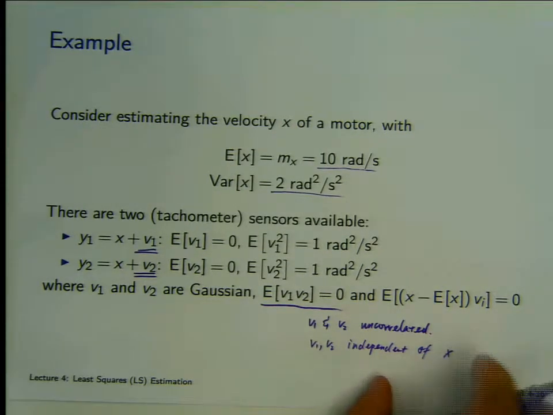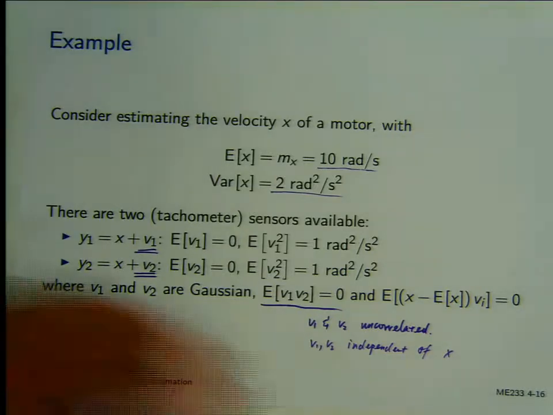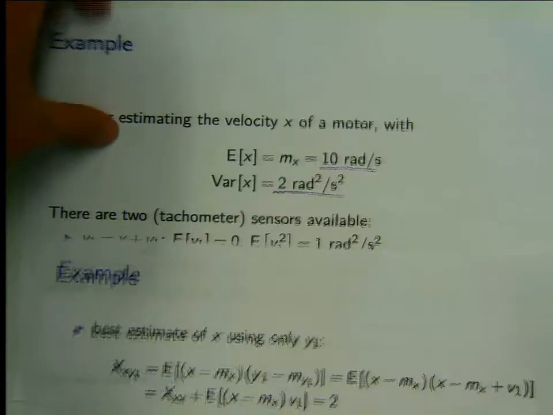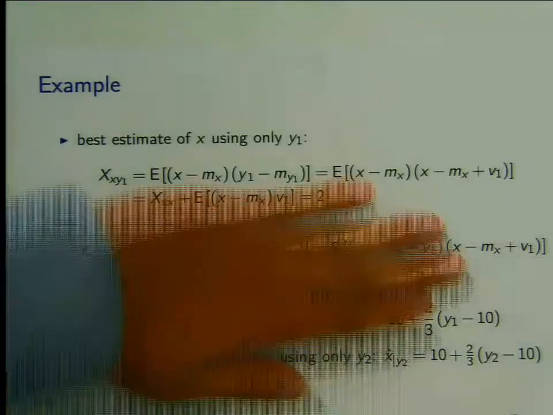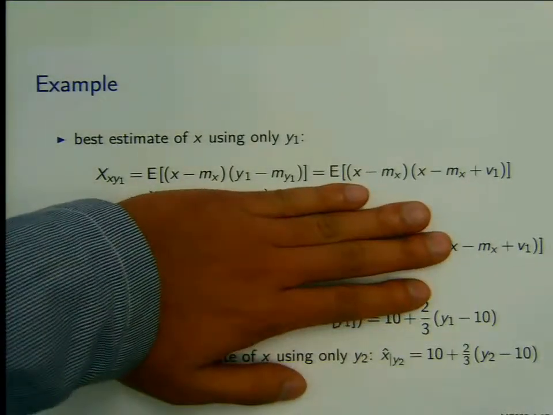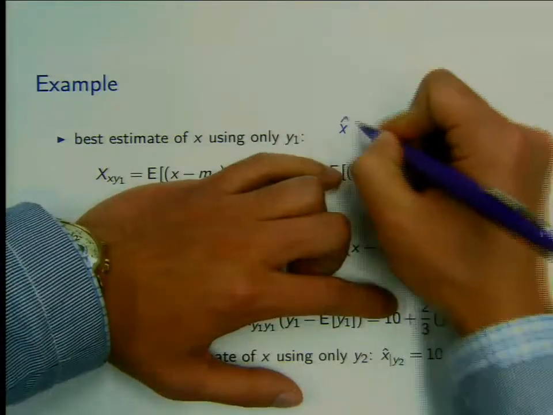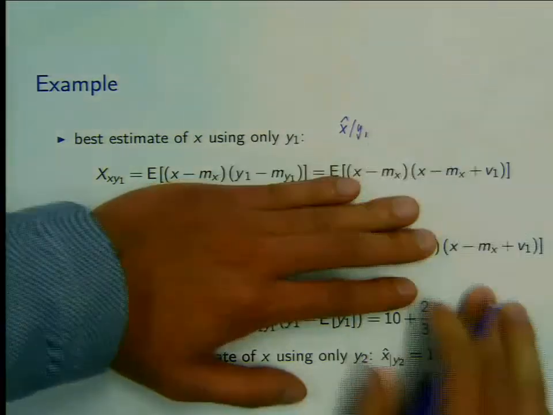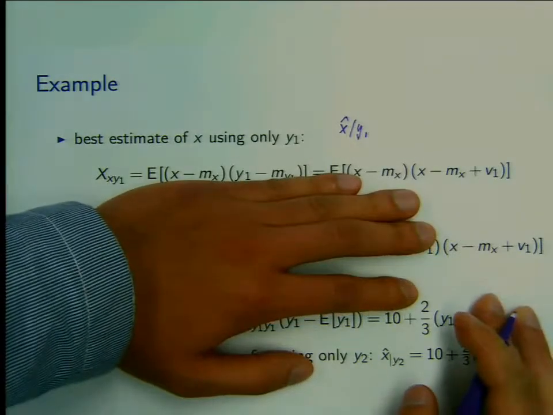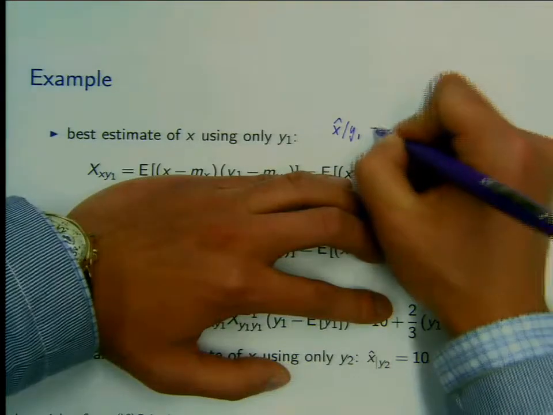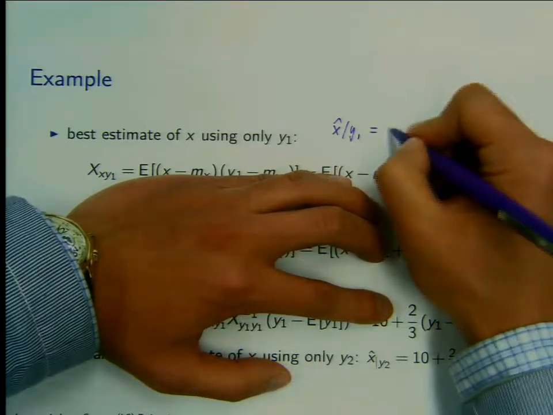Okay, so suppose I just have one measurement, just one sensor. How will I best estimate x? The best estimate of x given y1, x hat given y1, if x and y1 are both Gaussian. I'm going to need to use this equation here.